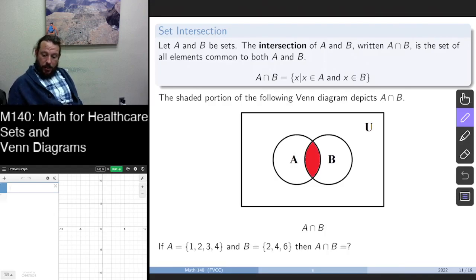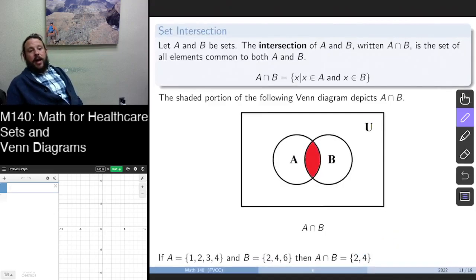Okay, let's see. 1 is not in B, so that's not in there. 2 is in A, and 2 is in B, so that's in the intersection. 3 is in A, but it's not in B, so that's not in there. And 4 is in A, and it's in B, so that is in there. So the answer is {2, 4}.